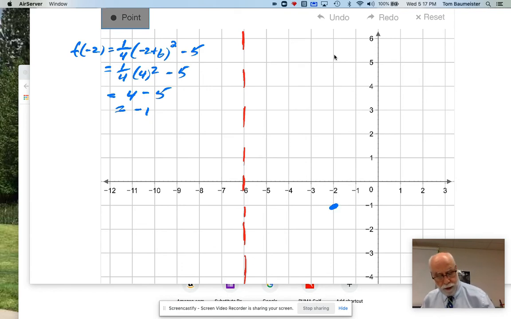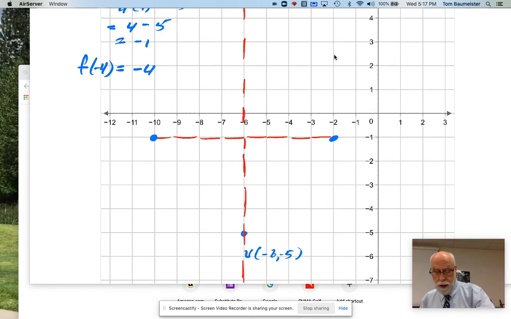Remember, from there I told you that you're going to count to that axis of symmetry. So there's 1, 2, 3, 4. And you're going to go the other way. 1, 2, 3, 4. And that's where you're going to make your other point. And again, for simplicity's sake and to not spend all night here, I told you on f of negative 4, and when you plug that in, you'll get negative 4.